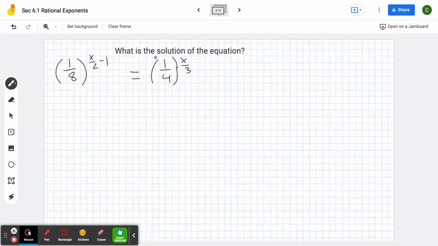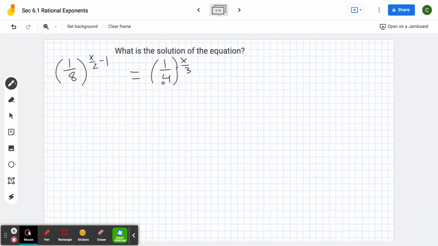Now, obviously 1 and 1 are the same, but 8 and 4 are not the same. Some of you guys might start to think, okay, if we want really our denominators to be the same, which will make our fractions to be the same, well, I can just multiply 4 times 2 and get 8. Well, we're dealing with exponential powers, so we have to think exponentially.